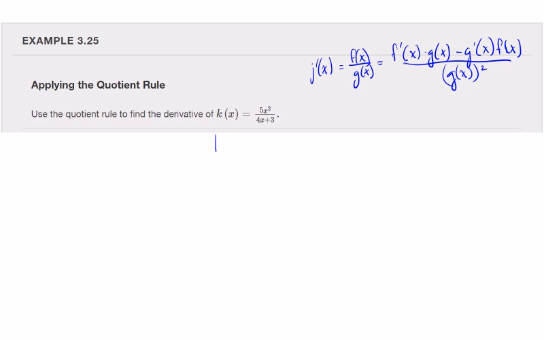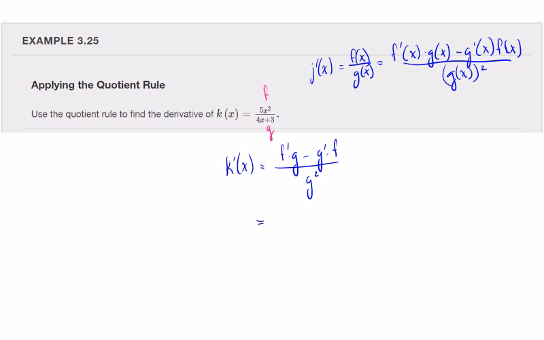Okay. All right, so here let's call this f, and let's call this g. So k prime of x is going to be f prime g minus g prime f all over g squared, right?